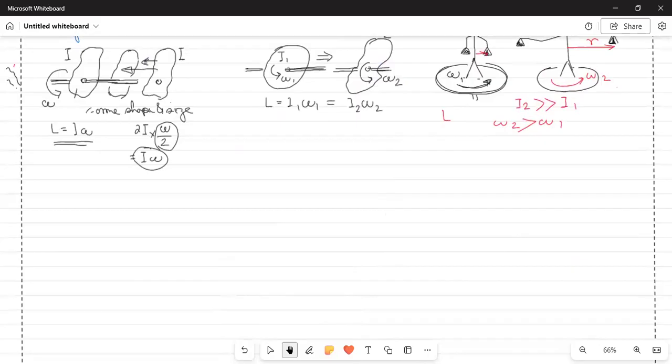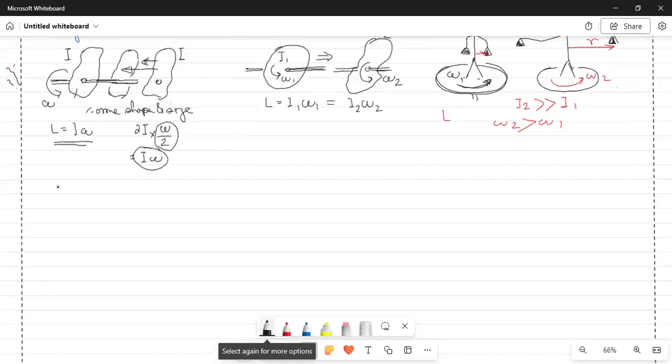Now, there are two very important laws about the moment of inertia. One is called the law of parallel axis. Another is called the law of perpendicular axis.